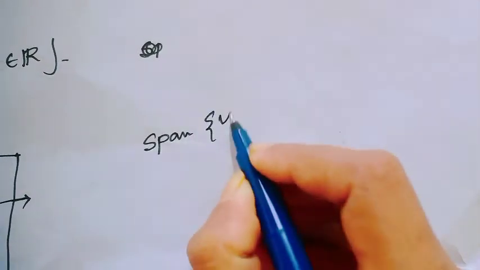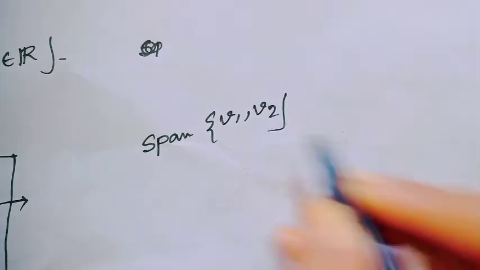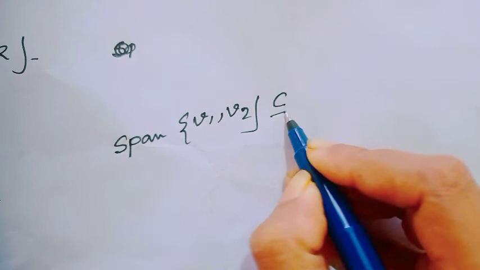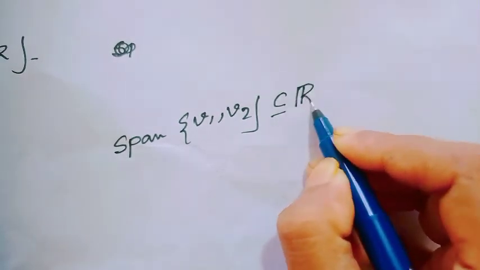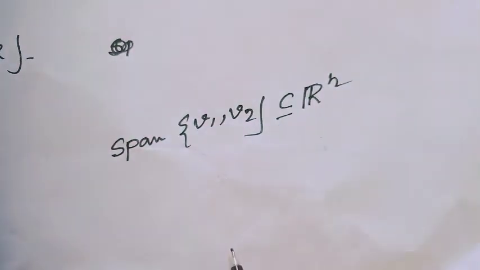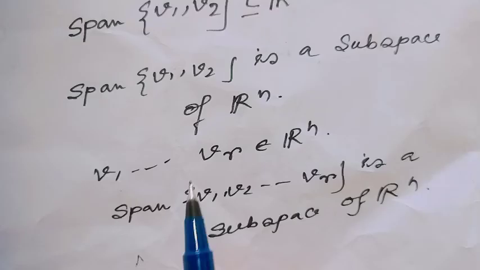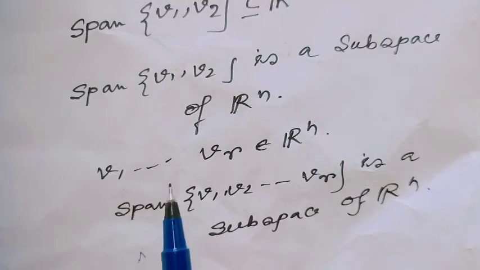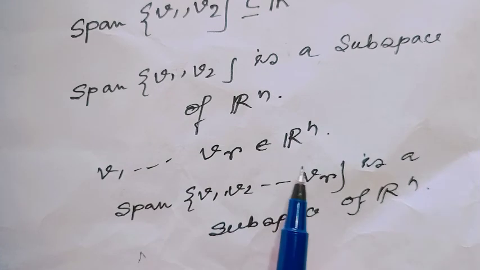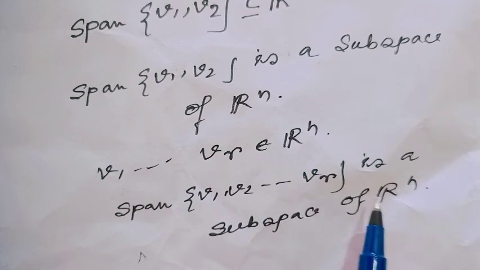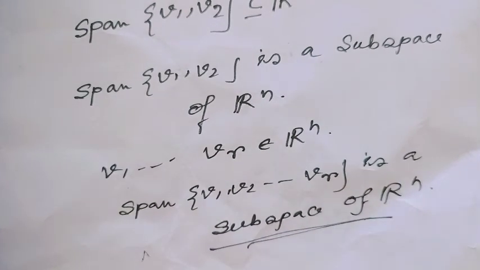So the span of V1, V2, which contains infinitely many vectors, is a subspace of the Euclidean space Rn. Similarly, if we consider the vectors V1, V2 up to Vr which belong to Rn, then the span of V1, V2 up to Vr is a subspace of Rn.